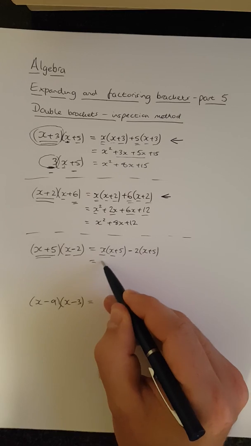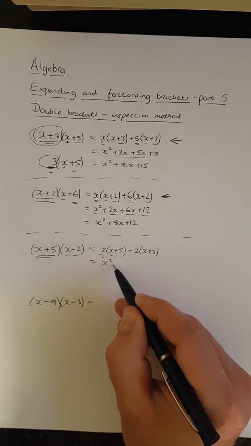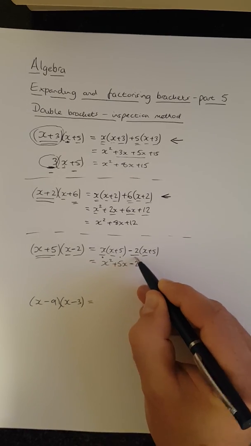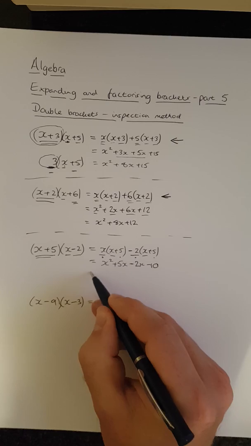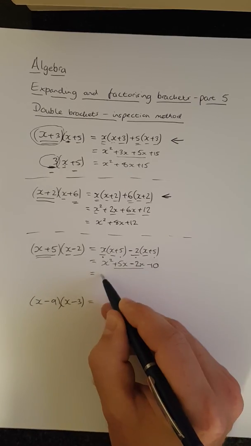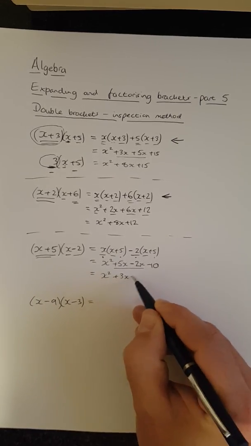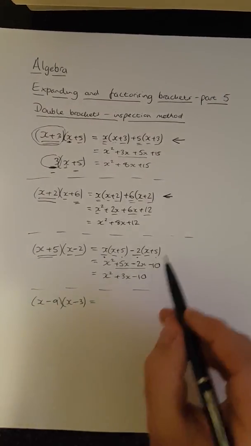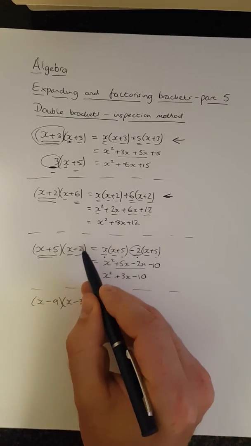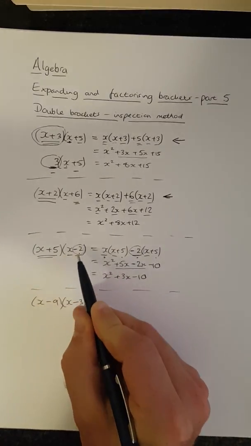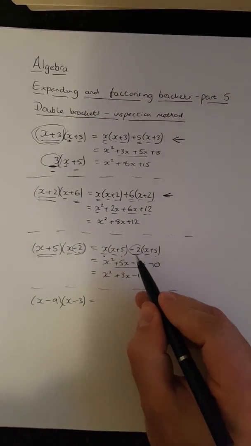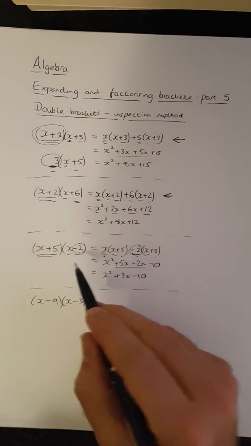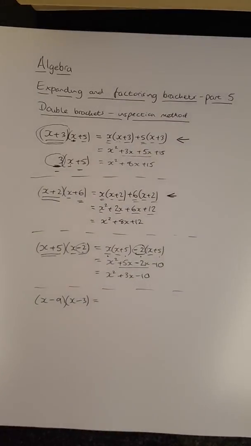Then I expand the single brackets. Then I simplify where I can. So the fact there was a negative meant this. There is minus 2. Remember that the minus sign is attached to the 2. So the minus has to come into play here. This term matches exactly here. So let's do the same here.